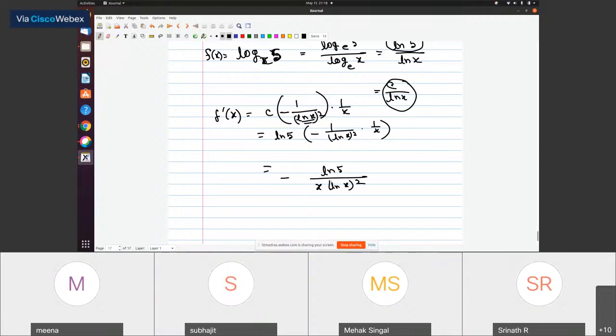This is nothing but log base 5 of x, and the derivative is 1 by x times 1 by ln 5. So it matches with the option.